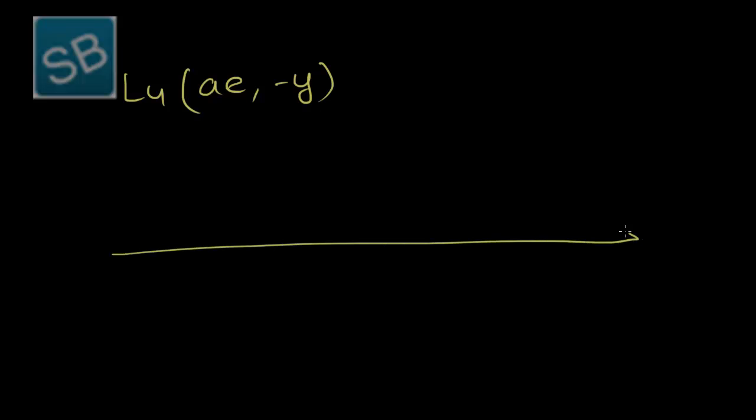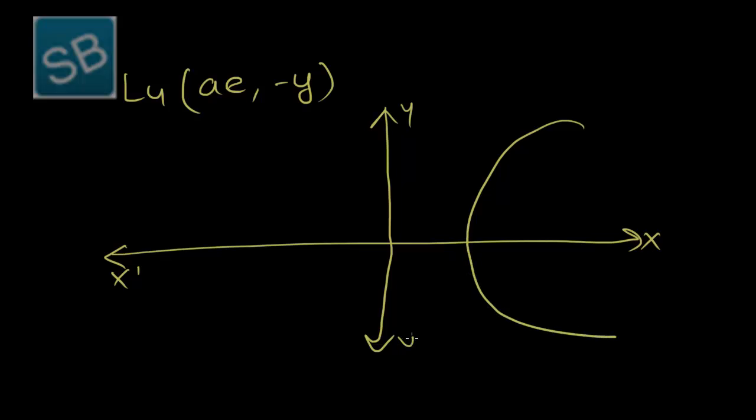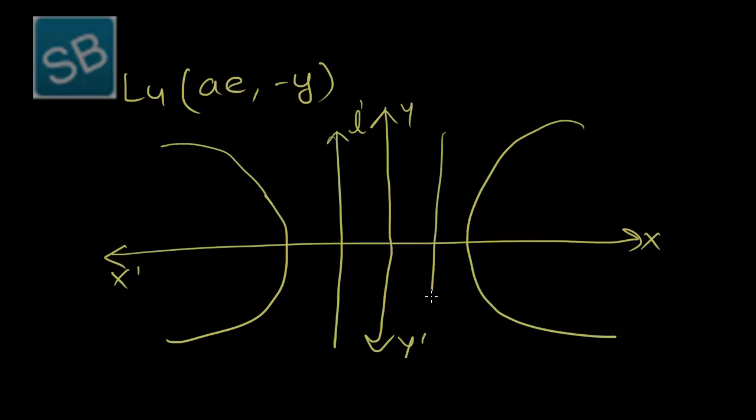This is the x-axis and this is the y-axis, and we have two hyperbola branches. This is L dash and this is L, that is the directrix.